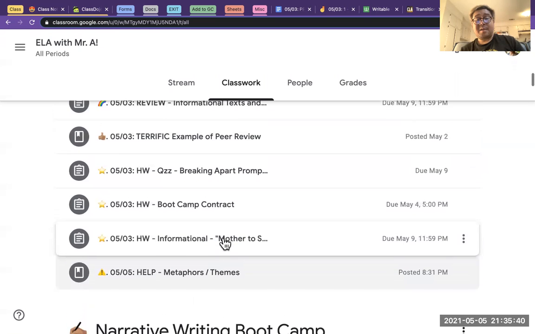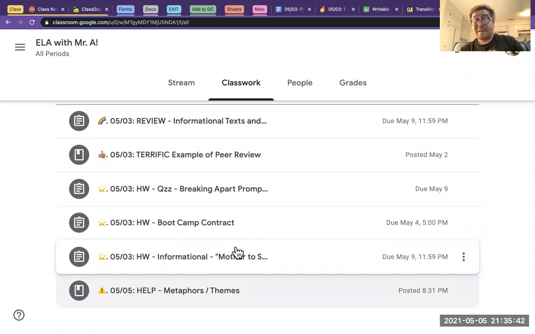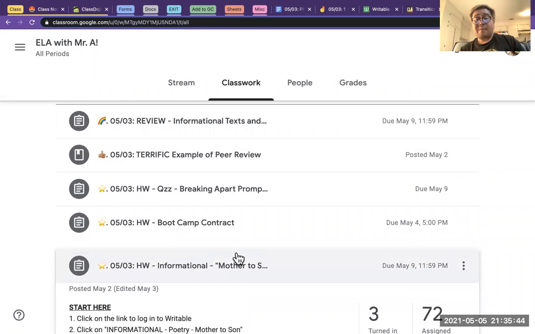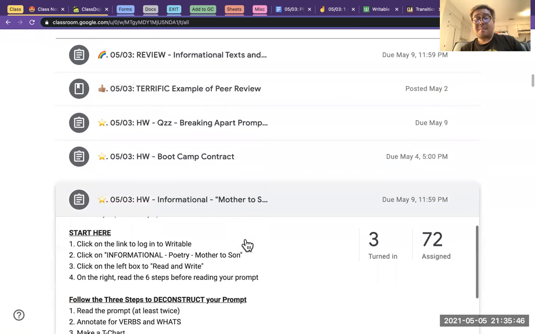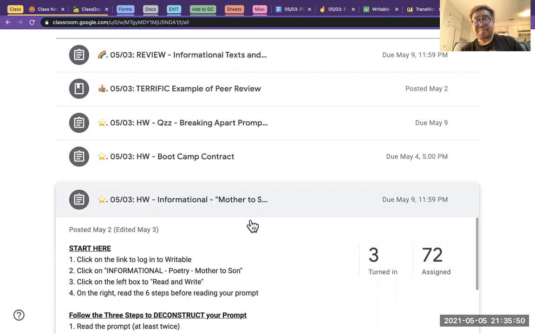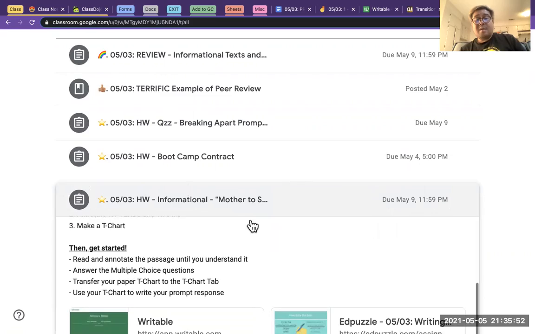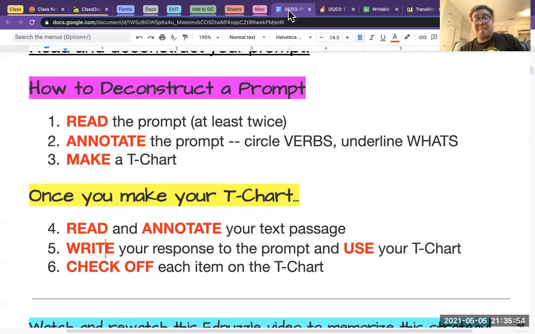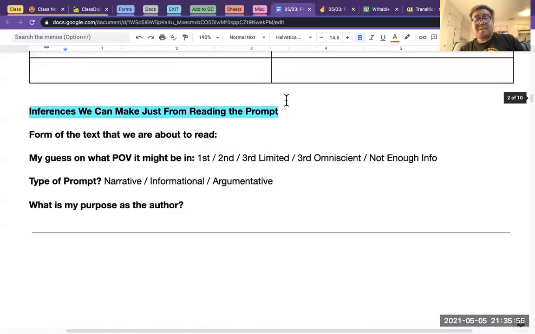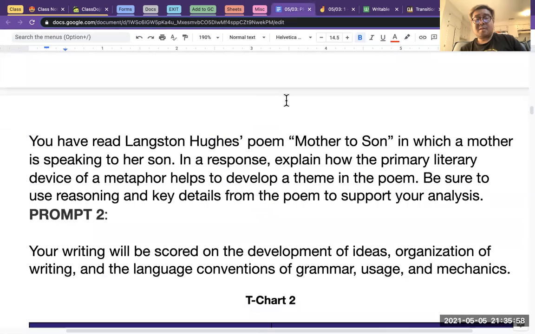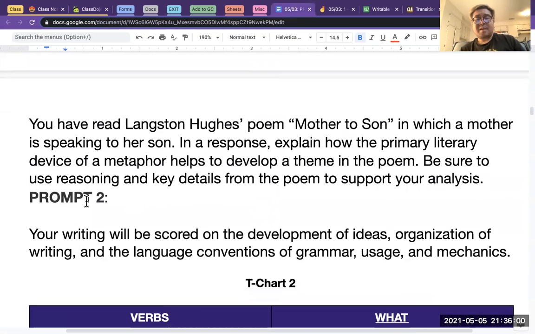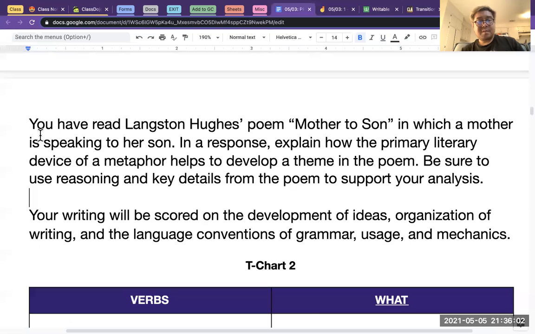So what we just did, and thank you all for sticking with me, was walk through the informational prompt, mother to son. This is homework that is due on Sunday. We started by deconstructing the prompt. We circled, whoa, why does that look like that? Excuse me.